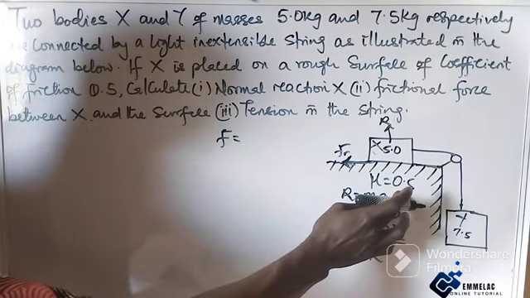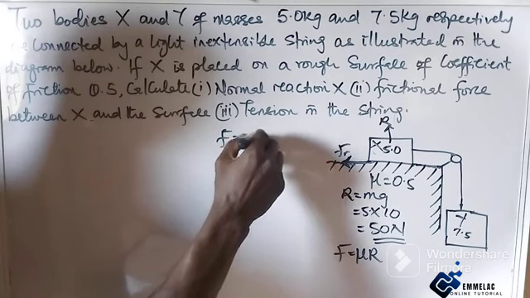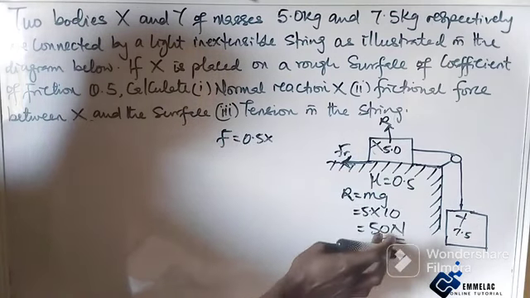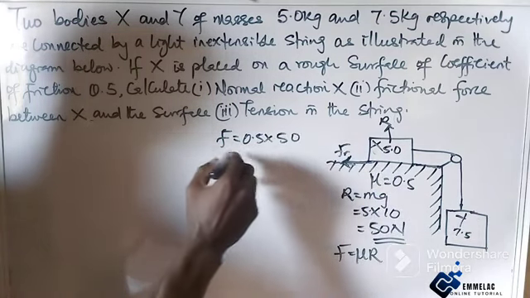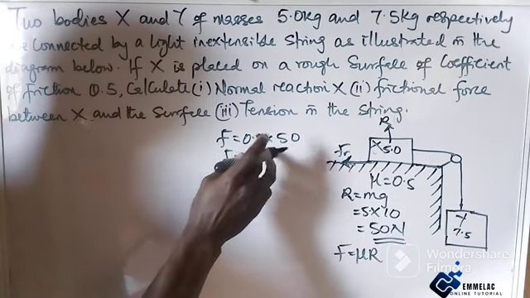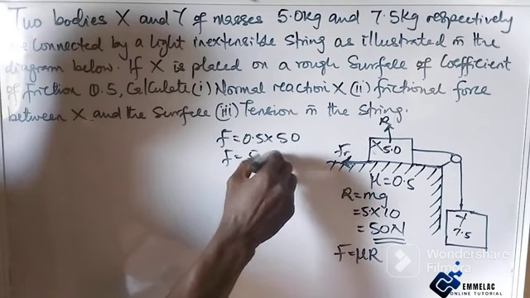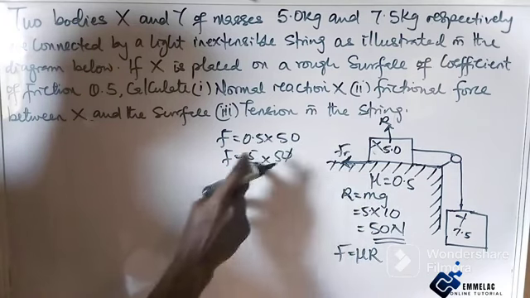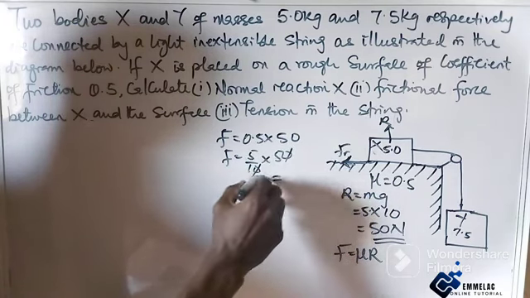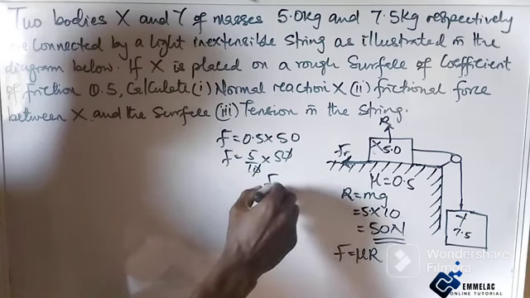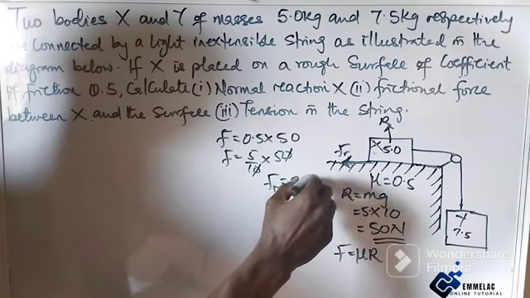Our coefficient of static friction is given as 0.5 times the reaction, which is 50. So here, converting this to a fraction, this will be 5 over 10 times 50. This 0 cancels this 0. 5 times 5. So our frictional force will give us 25 Newton.